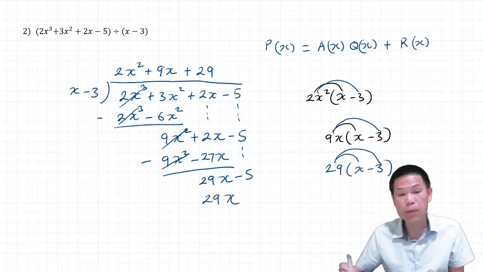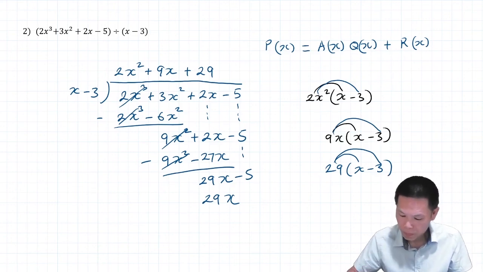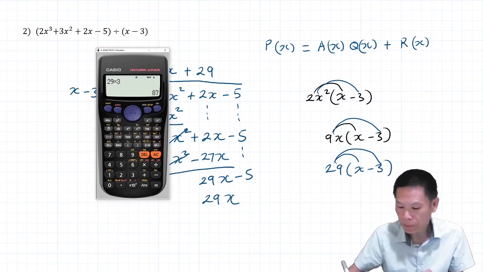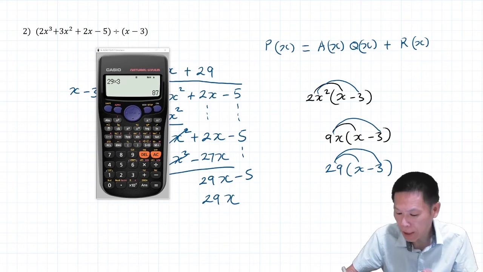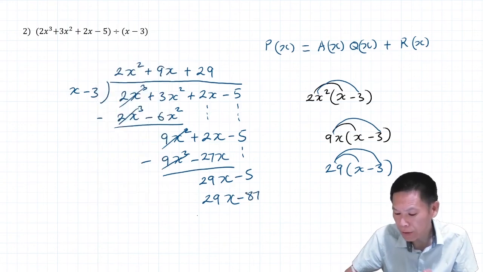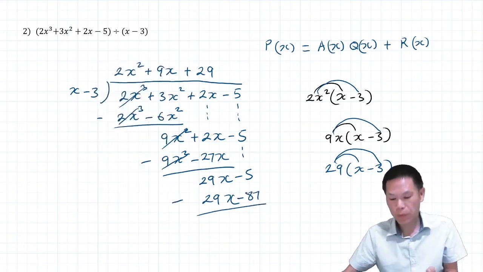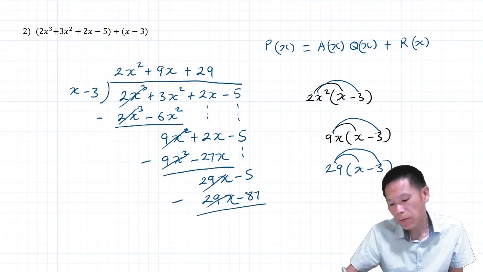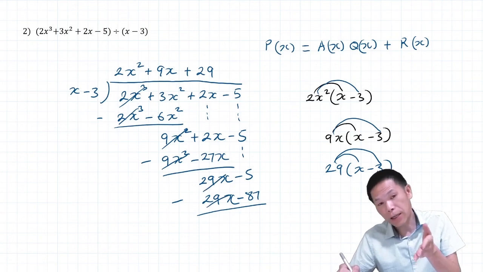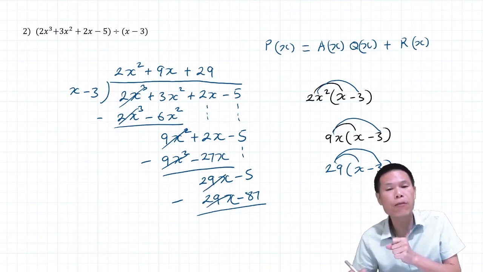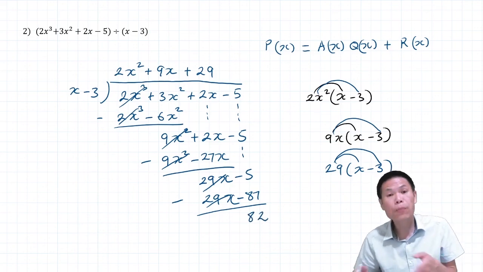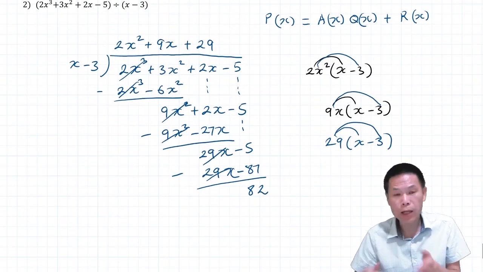And 29 times negative 3, so 29 times 3 is 87, but it's negative 87. Okay, so minus 87, and we minus it. So that cancels out, of course, and that gives me negative 5 minus negative 87, which is exactly the same as 87 minus 5, which is 82. So that is the remainder. We can't do any more.